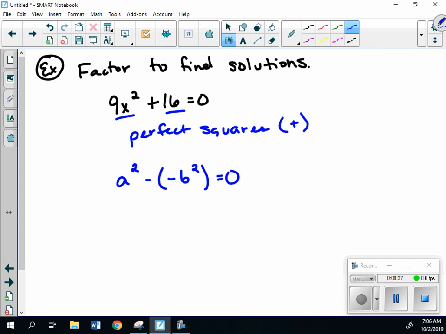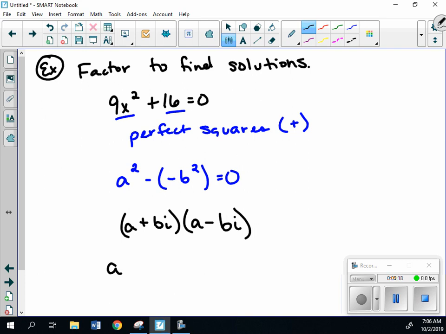So what that means is we're taking the square root of both of these. When we're taking the square root of both of these, we're going to end up with a negative in the form of a plus bi times a minus bi. So this is just complex conjugates multiplied together in order to get that 9x squared plus 16. This only works if you have perfect squares for the first term and the last term.